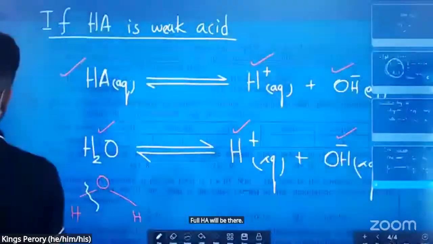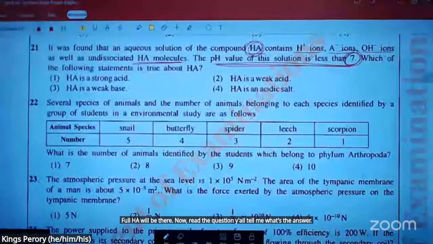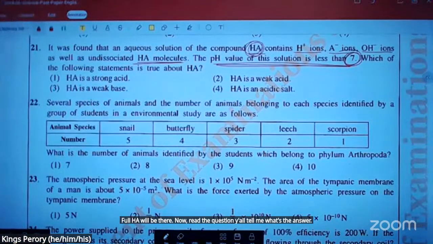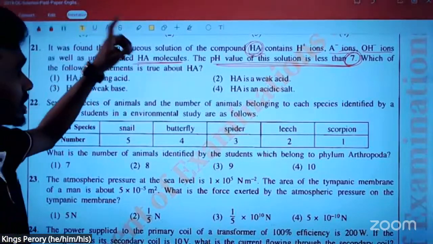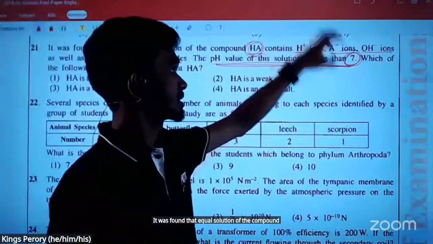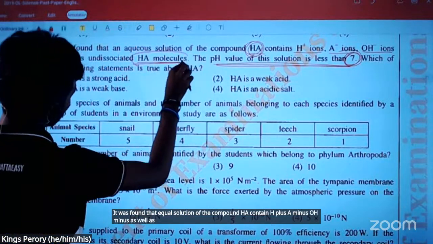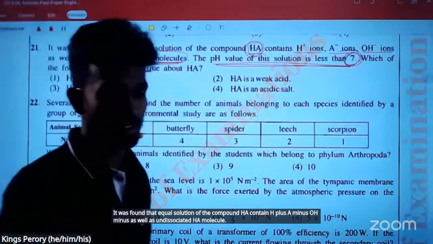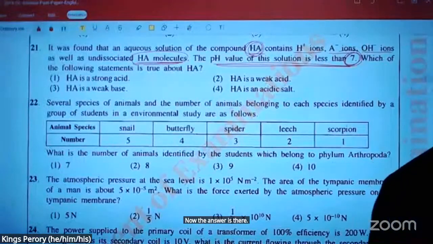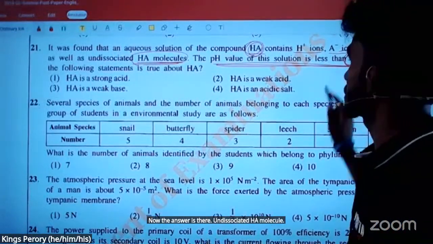Now, read the question. You all tell me what's the answer. It was found that an aqueous solution of the compound HA contains H plus, A minus, OH minus, as well as undissociated HA molecule. pH is less than 7.